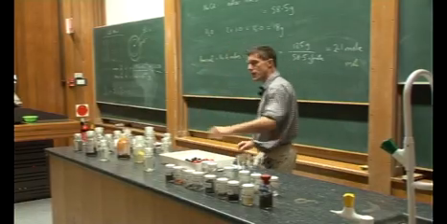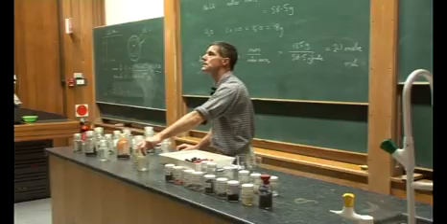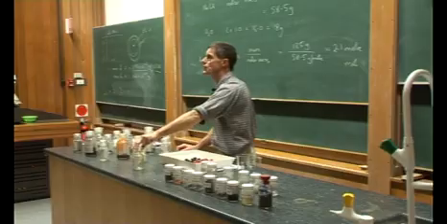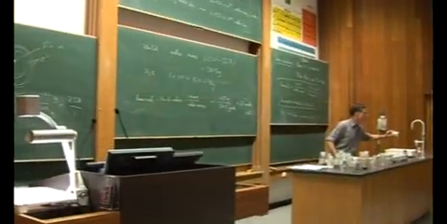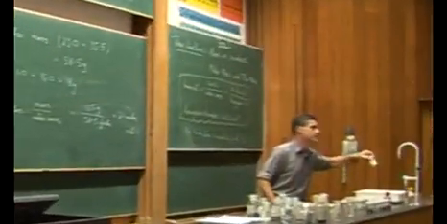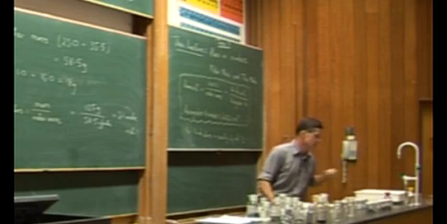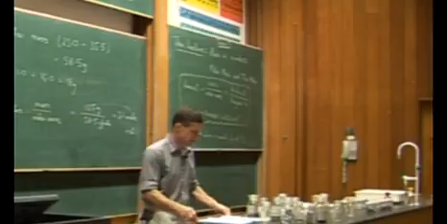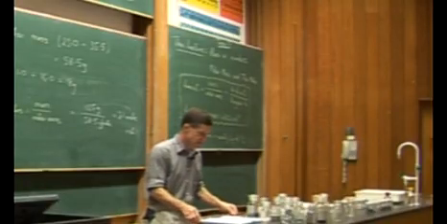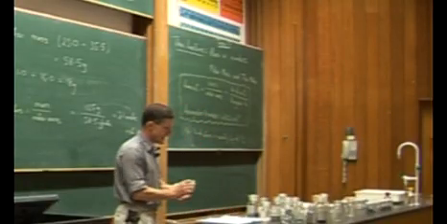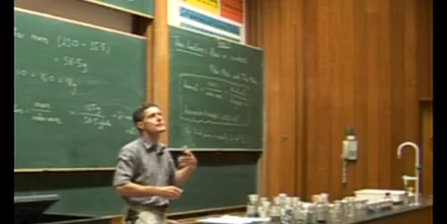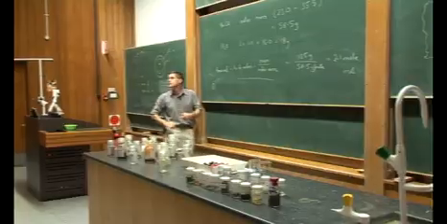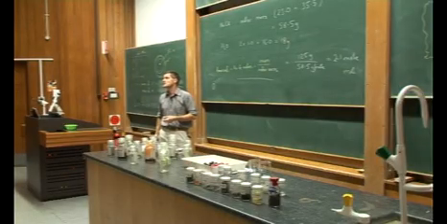So 1 mole of O2 has a mass of 32 grams. That contains the same number of molecules as there are atoms in 32.1 grams of sulfur, or 12 grams of carbon, and so on.